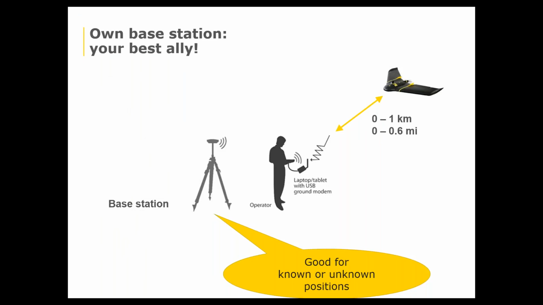Quite interesting, your base station in this case can be set on a known or an unknown position. So you don't need to be on a particular point, on a materialized point. It could be anywhere, and you do the link with the real world afterwards in post-processing.